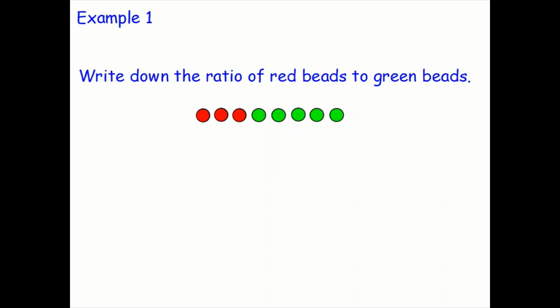So example number 1 says, write down the ratio of red beads to green beads. Okay, nice and straightforward. There are 3 red beads to 5 green beads. Okay, so that is it. That is the ratio of red to green beads, 3 to 5.